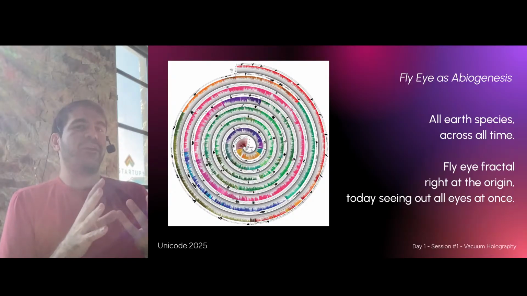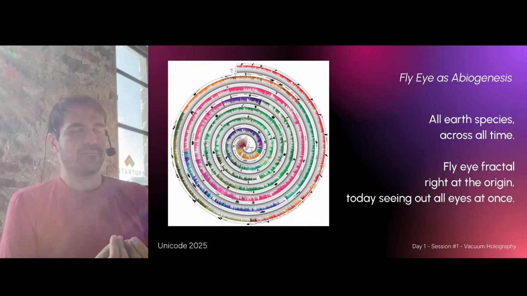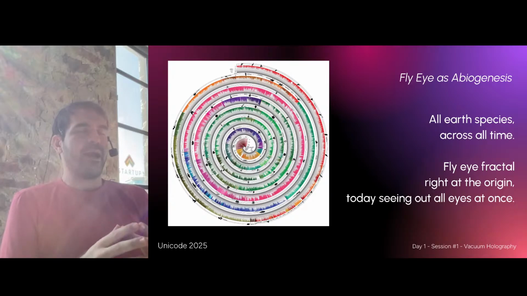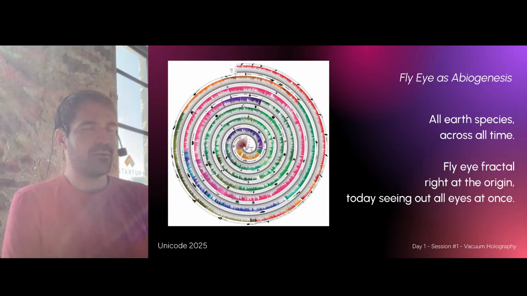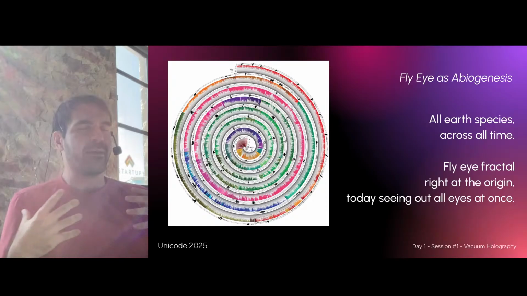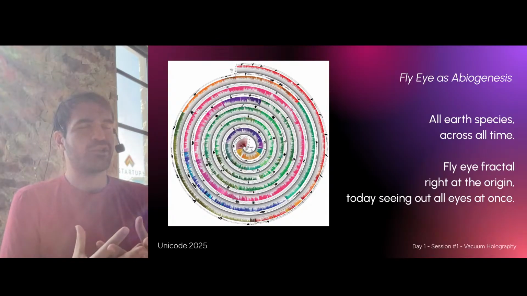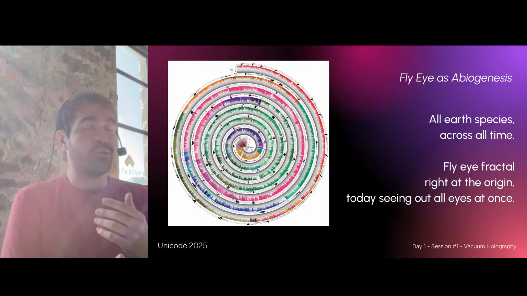So let's close our eyes and take our current direct experience of consciousness, and rather than holding it inside the locality of our body, we're going to expand our consciousness to what it would feel like to be at the abiogenesis origination point of the first cell forming on Earth, that then over time gave rise to all of the complex life and species that exist today, including humans.